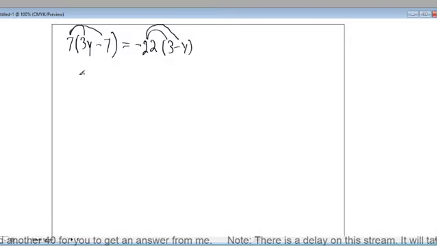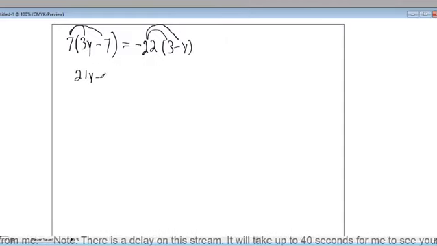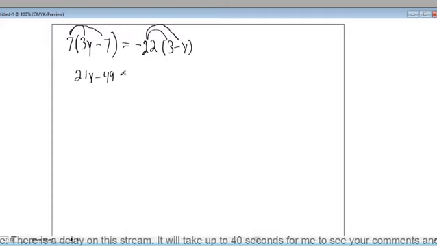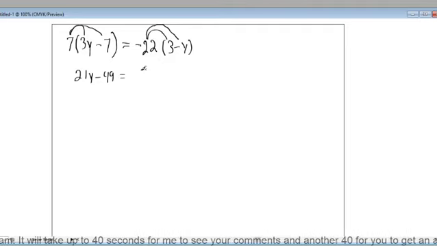Okay, so 7 times 3y is going to give us 21y. And then 7 times negative 7 is negative 49. And that's equal to, same thing on this side, distribute the negative 22. So negative 22 times 3 is going to be negative 66.